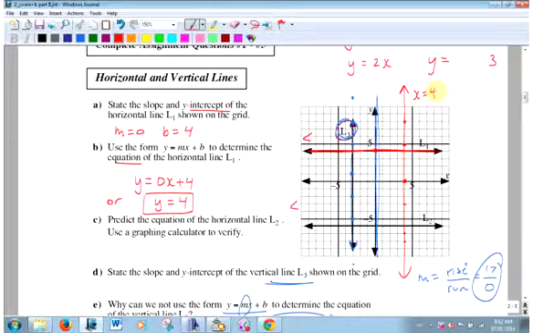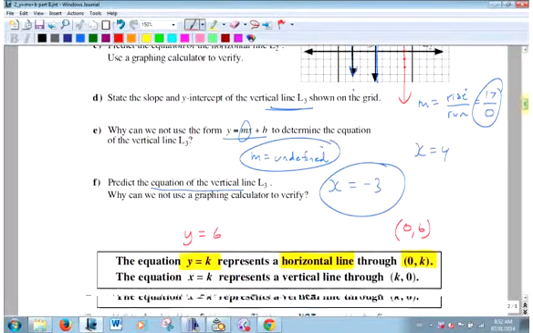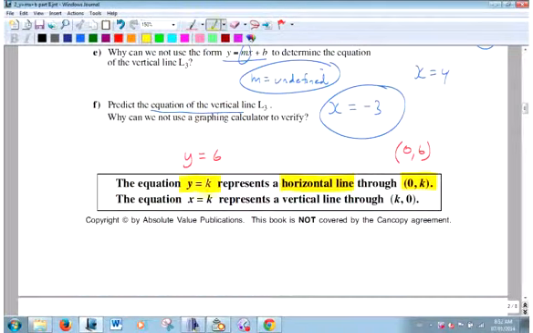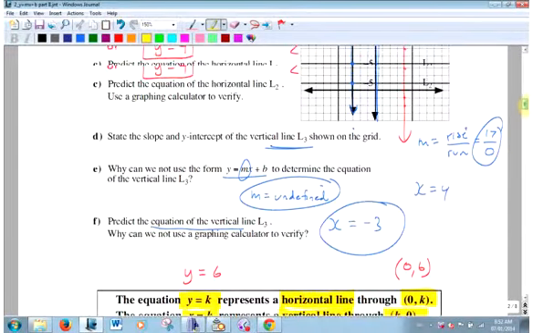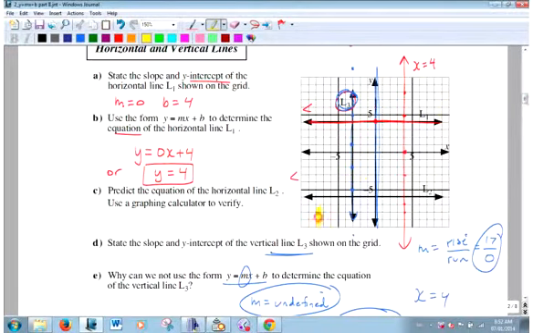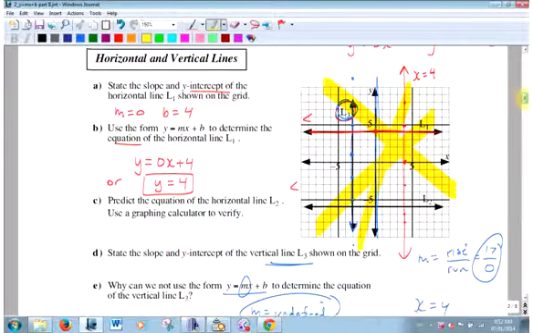There is no y. So that one's a little bit odd. Same kind of thing. X equals anything is a vertical line through that point. Those are the two exceptions when you're writing equations of lines. Anything else, you're going to have some kind of slope and some kind of y-intercept. It can be written in the form y equals mx plus b.